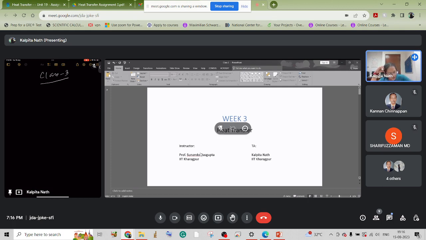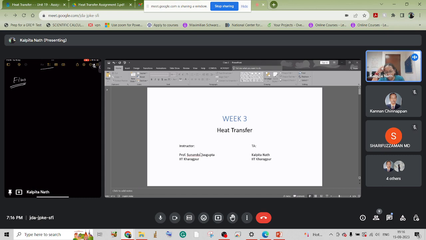Okay. First about fins. We have already seen in class that fins are the extended surfaces that we basically use for extracting the heat of a surface, because it provides us more area for the convection to happen.